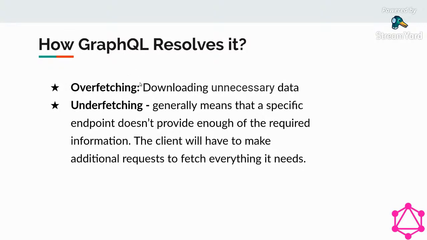Overfetching is downloading unnecessary data, and underfetching means that a specific endpoint doesn't provide enough of the required information, so the client has to make additional requests to fetch everything it needs. As in our blog website example, to get my requirement I need to call 3 separate APIs. One API cannot resolve all my requirements, so that is called underfetching.